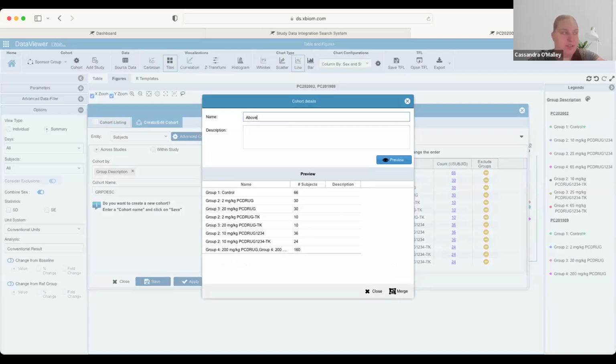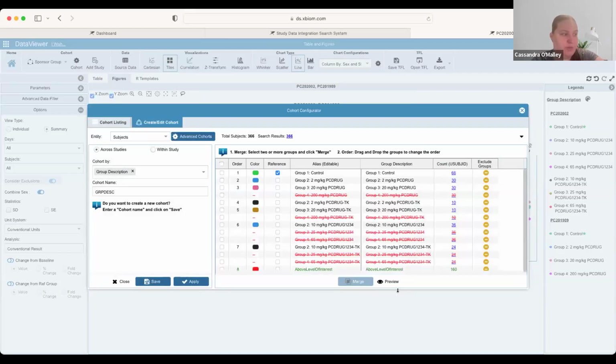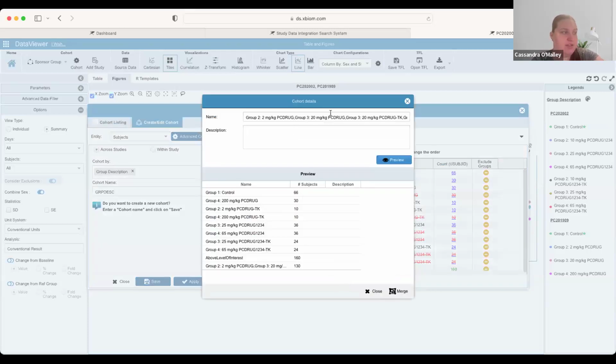And I'm going to call this above level of interest. And I'm going to merge those. Then I'm going to take the 10 milligram per kilogram from one study and the 20 and 2 from another study, and I'm going to call these below level of interest.